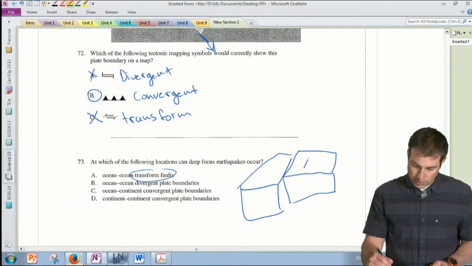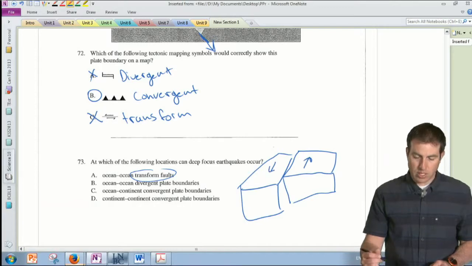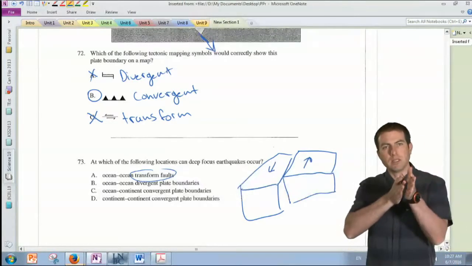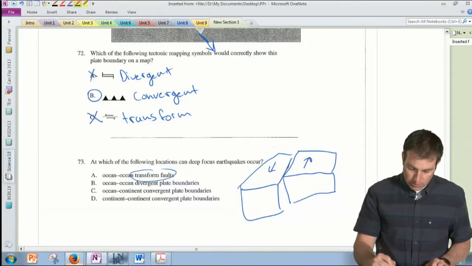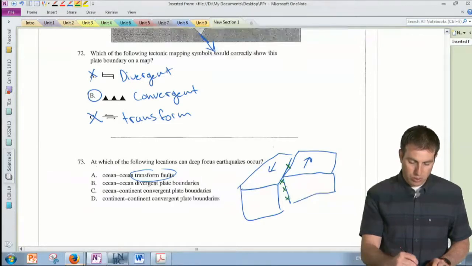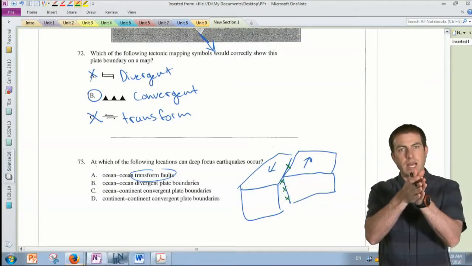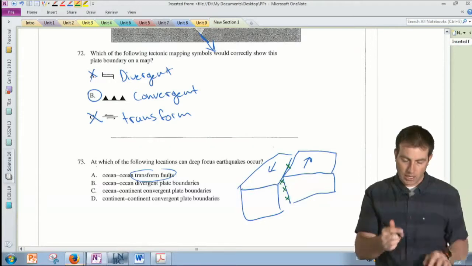One is going that way and one is going that way. So at a transform fault, you have plates sliding past each other. Earthquakes don't tend to happen at deep points because they can happen right at the surface. So anything with a transform fault, because your plates are moving past each other, your earthquakes are going to be really shallow.